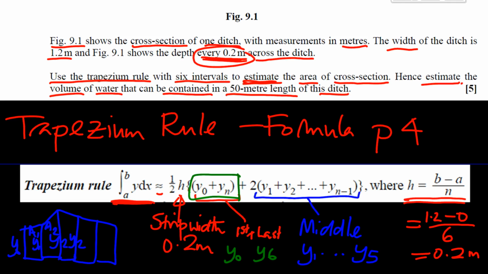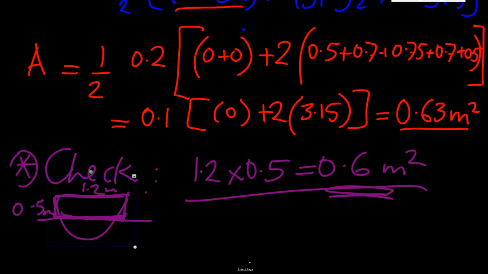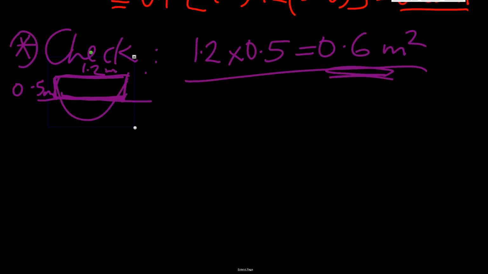Well, pretty straightforward. The volume of 50 metres of the ditch. So all they're asking us to do here, and they quite often do this, is take our little cross section and extend it in 3D like that. So what's our volume going to be? Well, it's going to be the cross-sectional area times the length, isn't it?